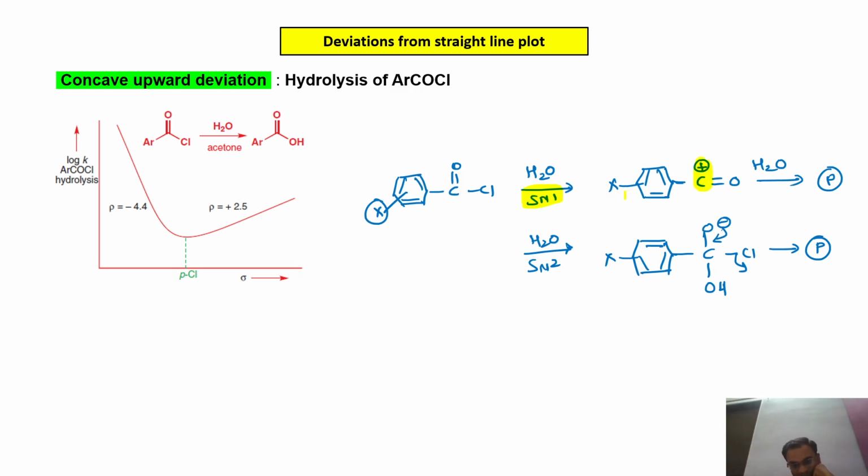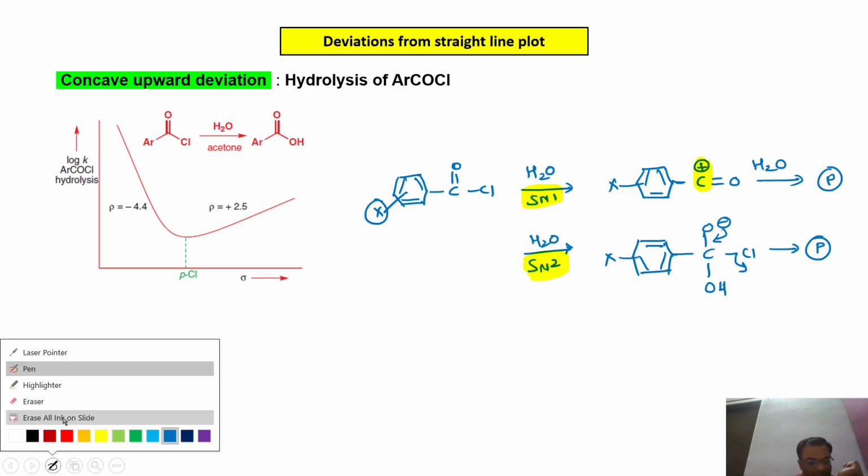But this same SN1 type of mechanism is retarded by the strong electron withdrawing group. Whenever a strong electron withdrawing group is present, it will favor the SN2 type of mechanism. And therefore here we have a concave upward deviation.